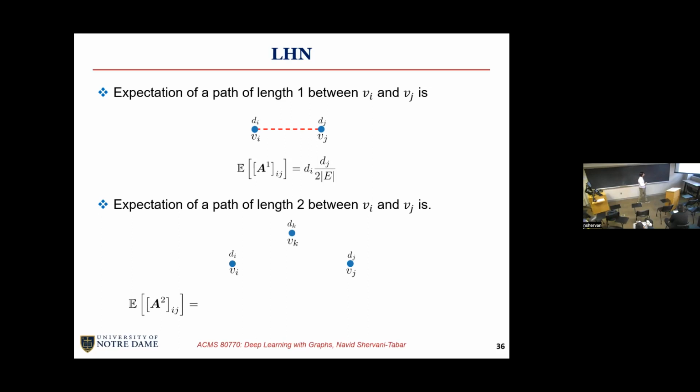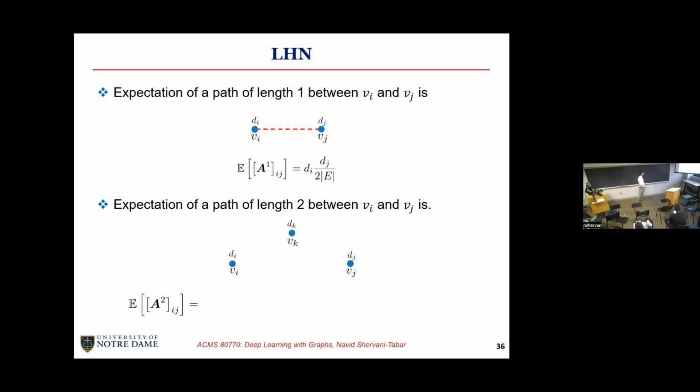We continue that for the case of paths of length 2. For that, I have 3 nodes, right? From node Vi I go to an intermediate node, Vk. And then I jump from node Vk to the endpoint Vj.